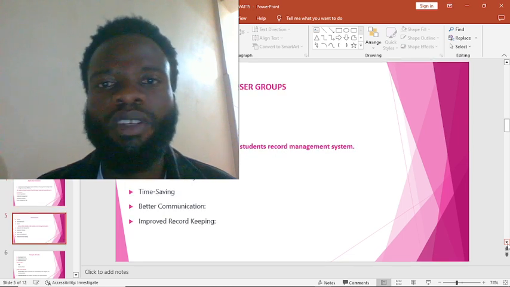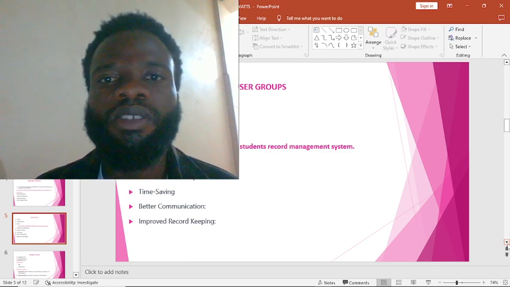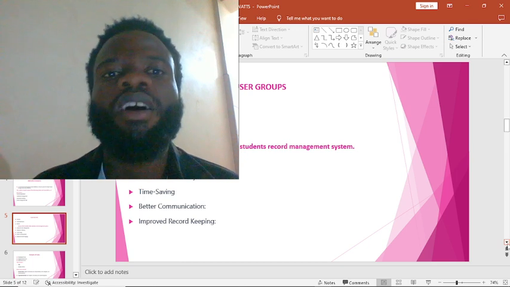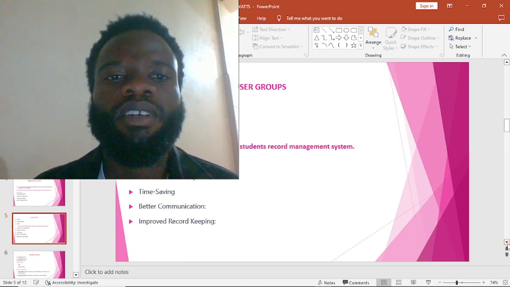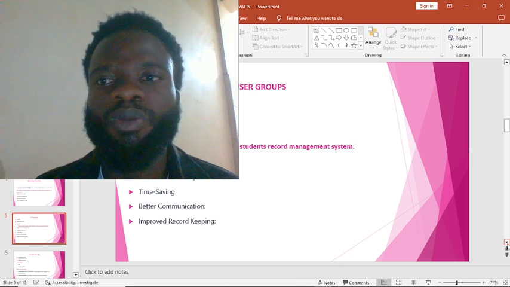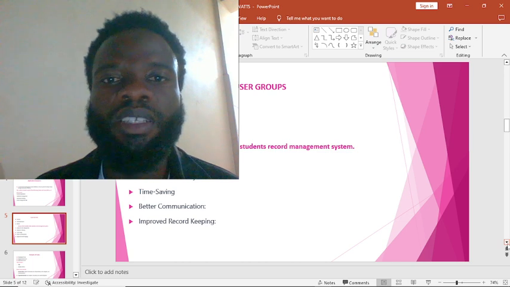The group users of this system are students, teachers, that is lecturers, and parents, who will be able to use the system to collaborate and communicate with each other.